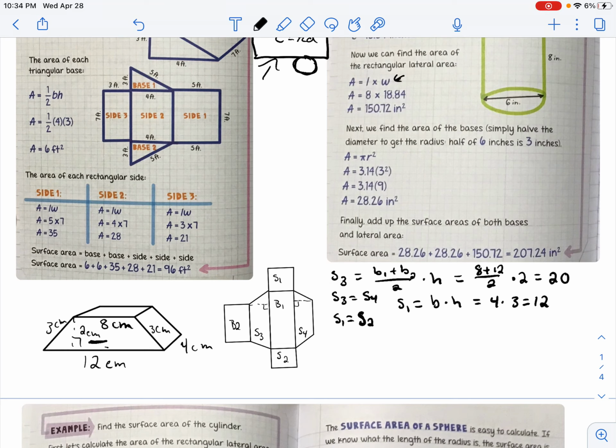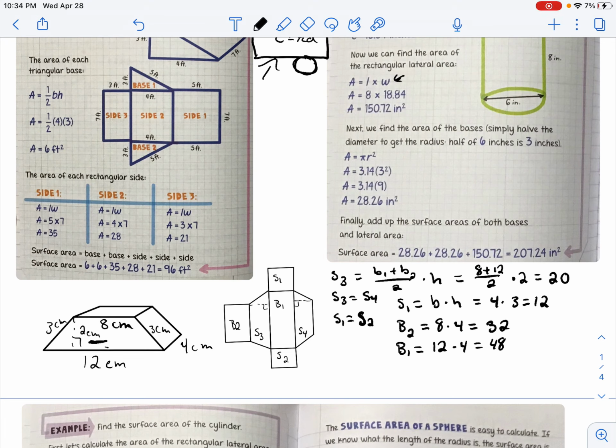Okay, and then the last ones we have base 2, which is equal to 8 times our width, which is 4. That's going to equal 32. And then base 1, that's going to equal 12 times 4, which is equal to 48.